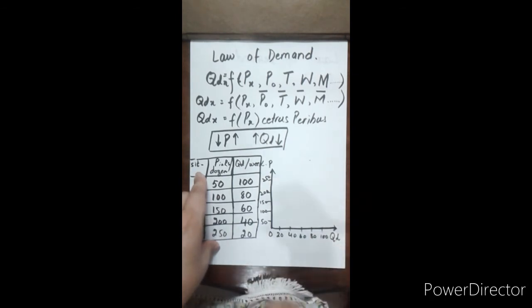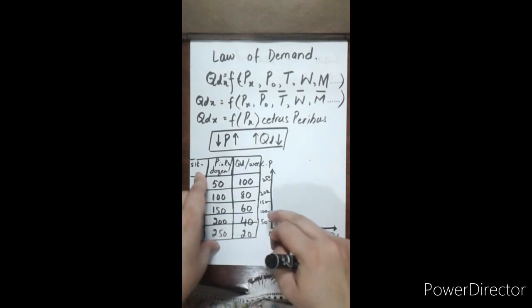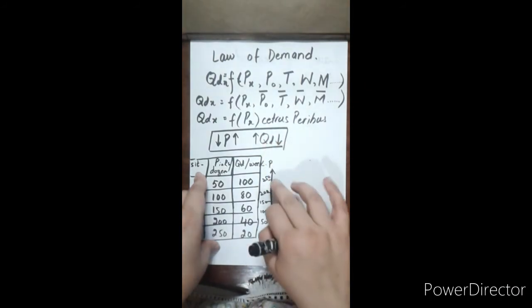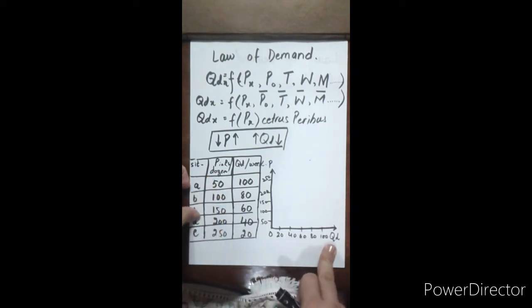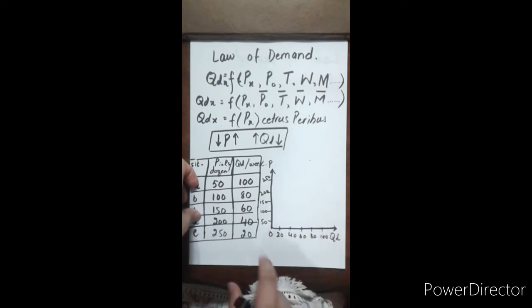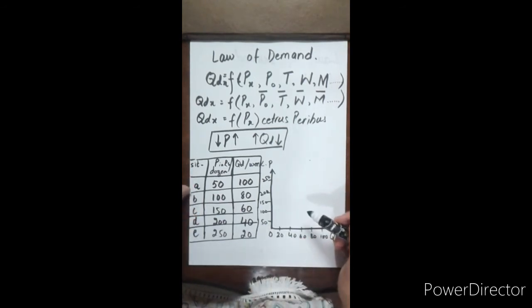Of course this could have been 5, 10, 15, 20, and I could have taken it to 250. That would have been too much labor, and this is again according to my convenience. I could have written 40, 80, 120, but that would have been too short, so I had to take appropriate gaps.